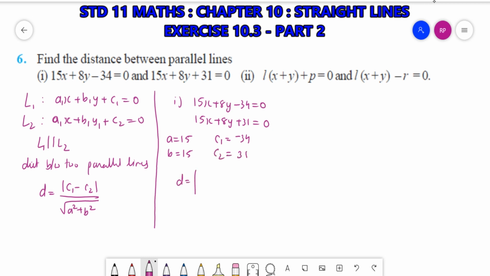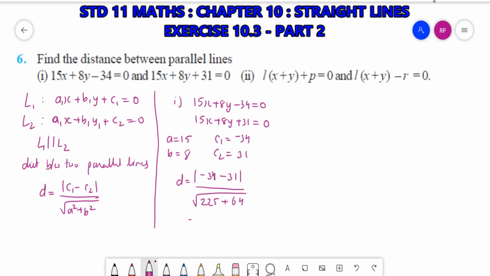The distance is c1 - c2, that means -34 - 31, modulus, upon under root of a square, that is 15 square, just a minute, under root of 15 square, that is 225, plus, sorry, b is not 15, it's 8, plus 8 square, that is 64.